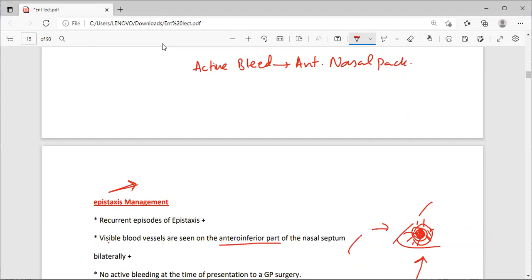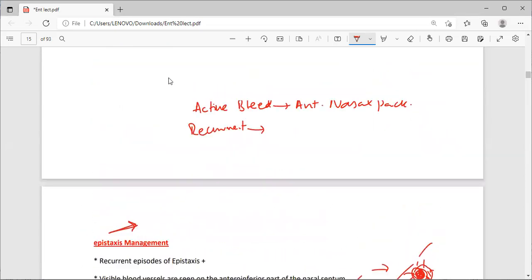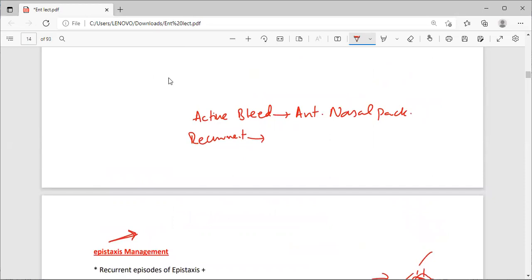And if there is recurrent bleeding but now there is no active bleeding, then you will use topical treatment like chlorhexidine or neomycin.